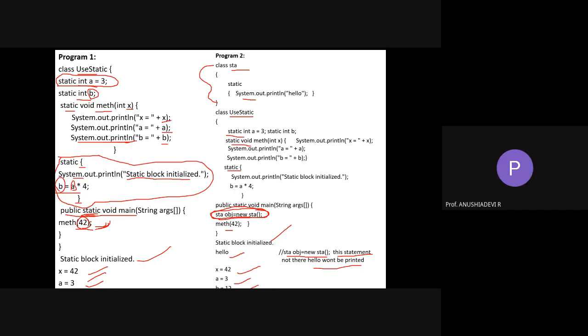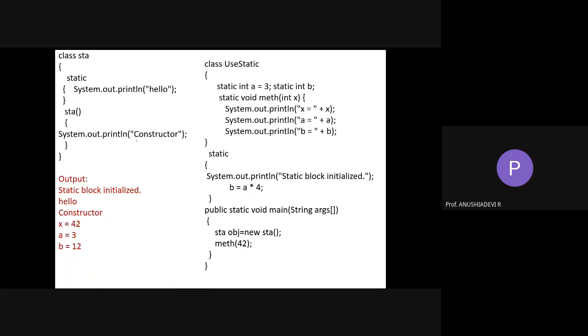So in that STA class, I have a static block and also I have a constructor. The static block of the STA class is executed only if I have created an object for the class. But even if the class has a constructor, the static block is executed first. So next I will show you the example.